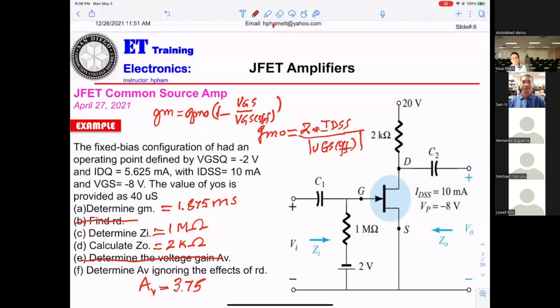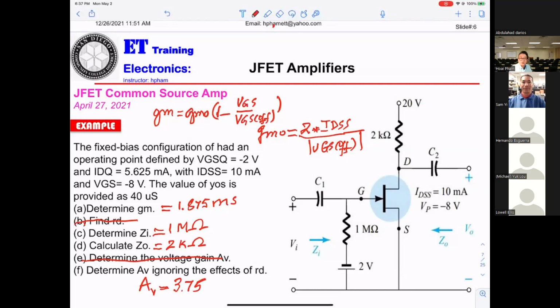Okay, so for a common source amplifier, when you're looking at the circuitry, you know this is common source. Where do they apply the input, and where is the output supposed to be taken from: drain, gate, or source?